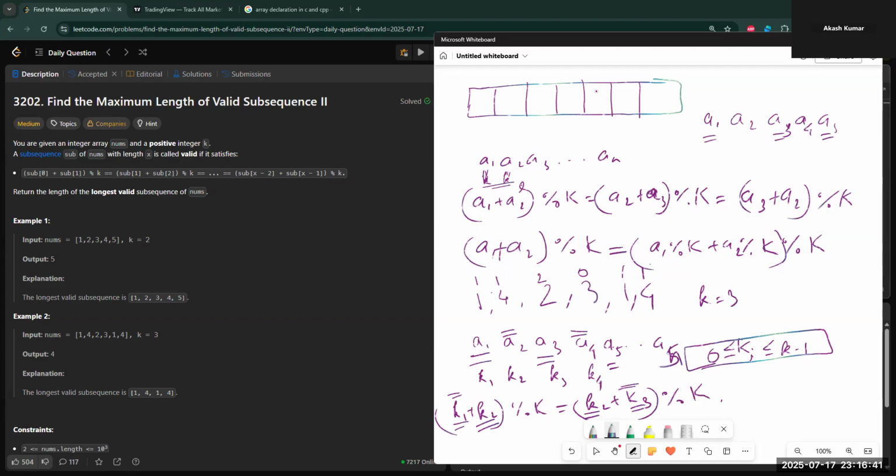If A1 has modulo value K1, then A3 is also K1 and A5 is also K1. A2 has some modulo K2, and A4 and A6 are also K2.